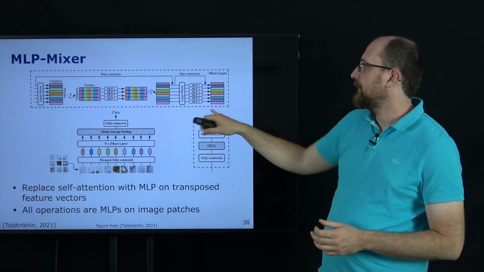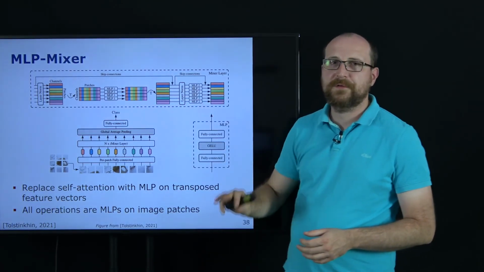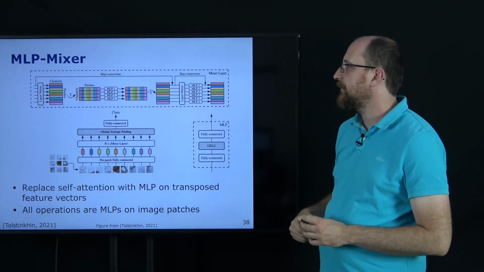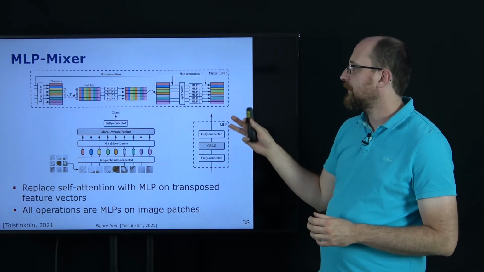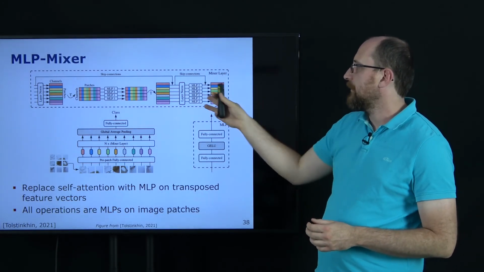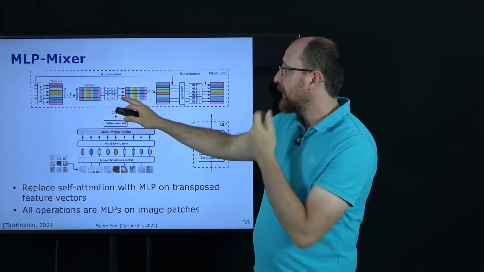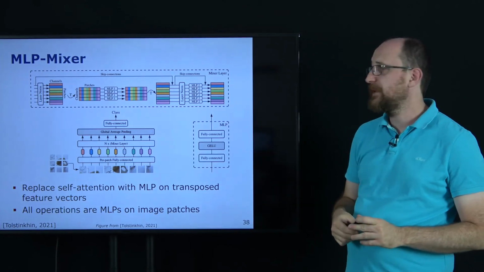This is basically the same part as before, but this part is somehow mixing the features together from different patches. By just using this idea, we have this mixer layer, which replaces the self-attention with these transposed MLPs.